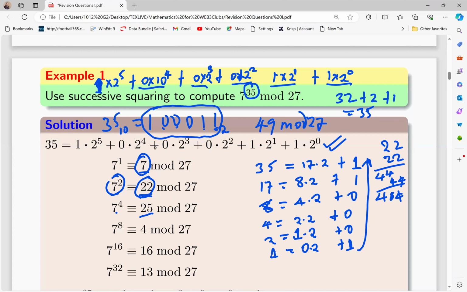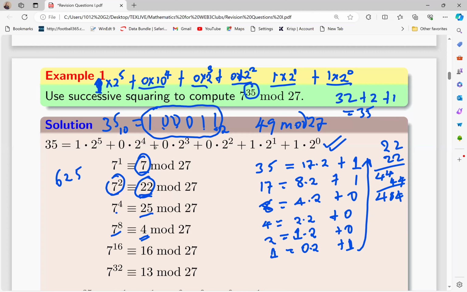Now, what about 7 raised to 8? You square the previous. So this is the same as 25 squared. Is that okay? Which is 625. So how many times does 27 go there? And what will be the remainder? The remainder is what we are writing here. It will be 4.